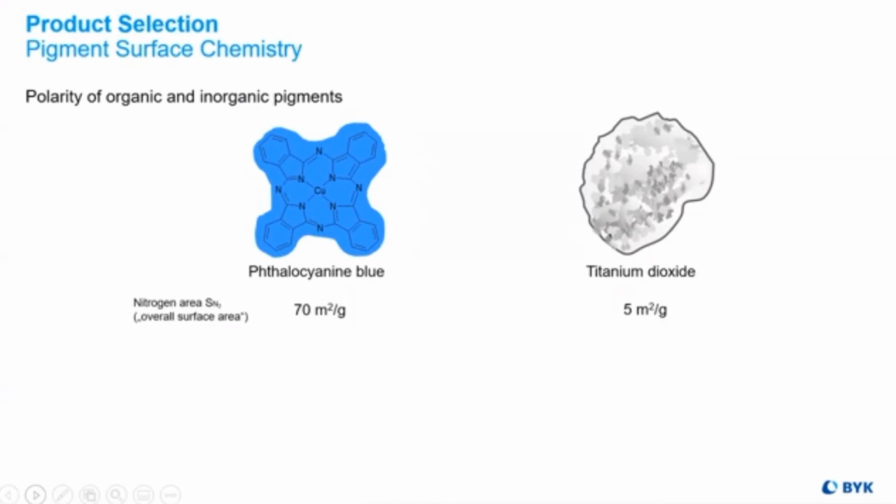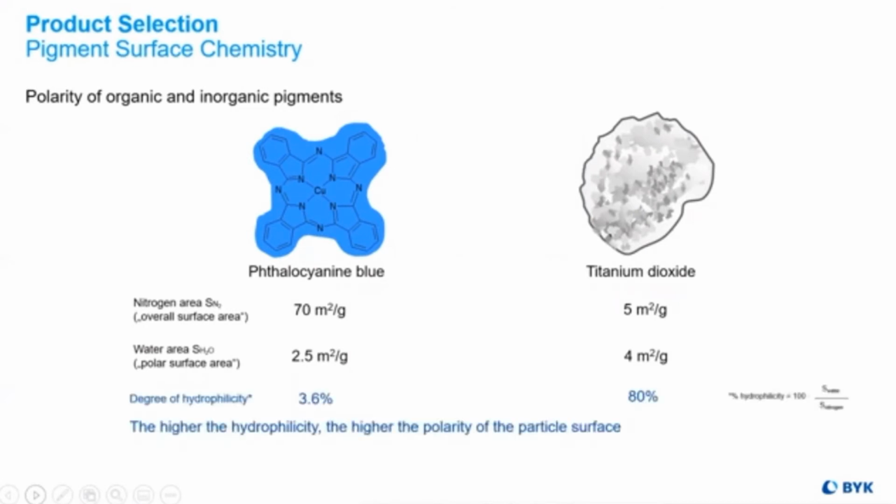Organic pigments came with the problem of non-polar surfaces, and these areas were traditionally using other additives. Older generation additives were quite ineffective. The higher the hydrophilicity, the higher the polarity of the particle surface.